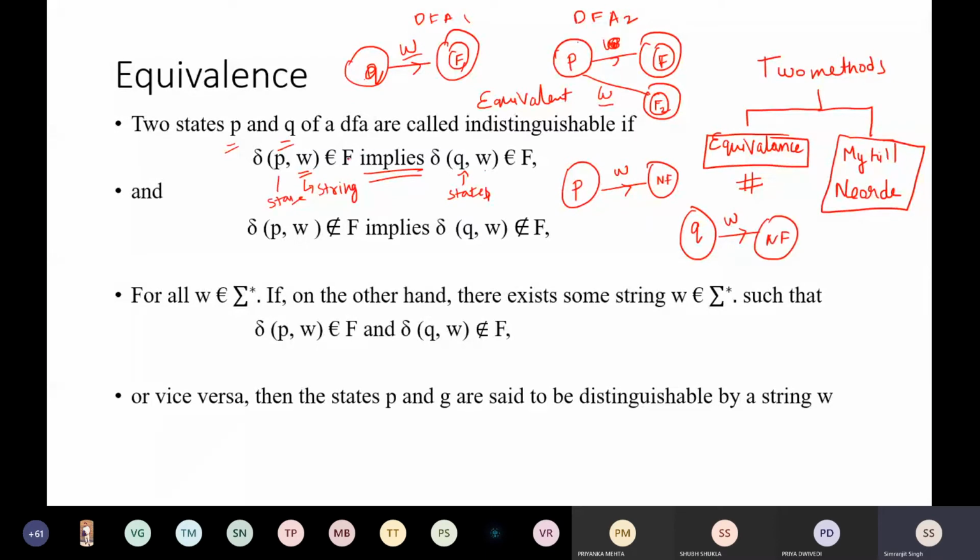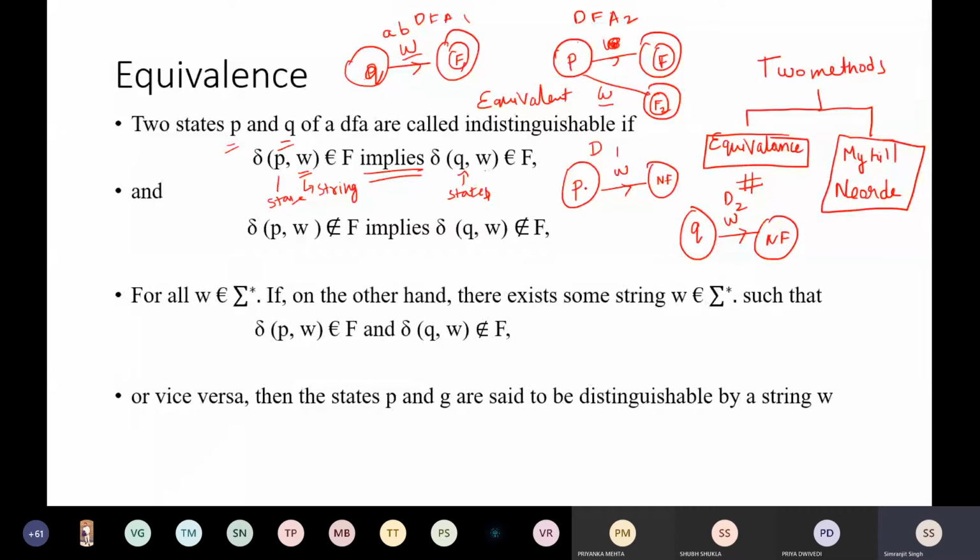If both follow the same property, that on getting a particular string the result should be equal. So if the string is AB, on getting an input of AB, this automata is going towards a final state, and on getting AB here, it is again going to a final state. It can be any final state, but it has to be a final state.